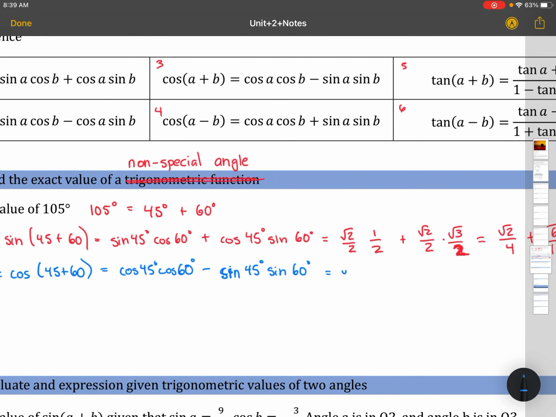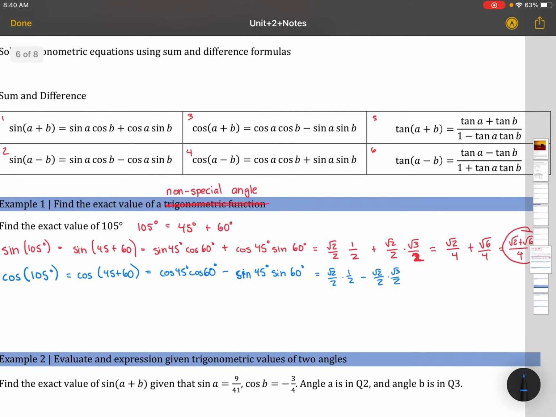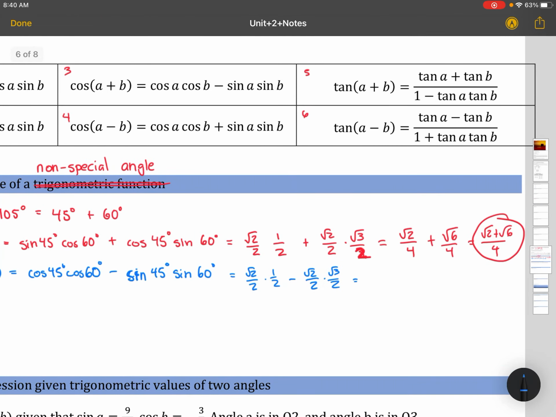So cosine of 45 is square root 2 over 2. The cosine 60 is a half. So root 2 over 2 times a half minus the sine of 45, which is square root 2 over 2, times the sine of 60, which is square root 3 over 2. So that is going to give us the square root of 2 over 4 minus the square root of 6 over 4.